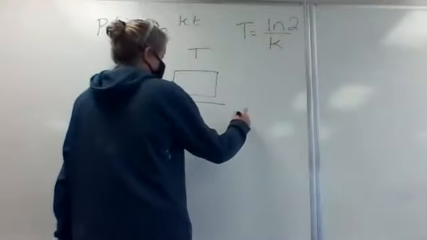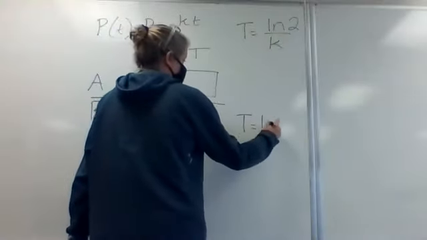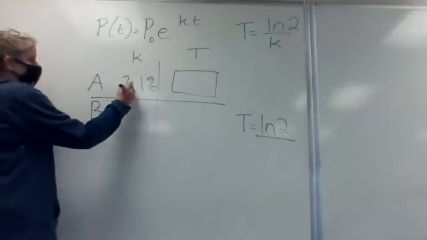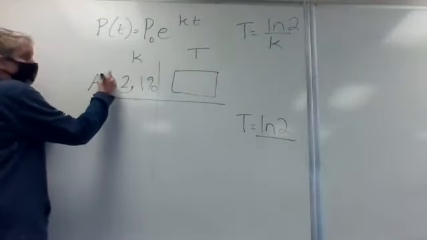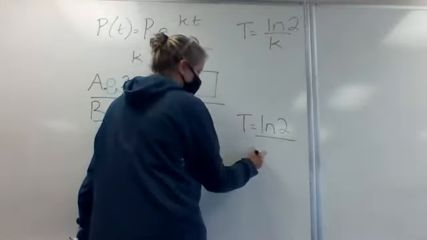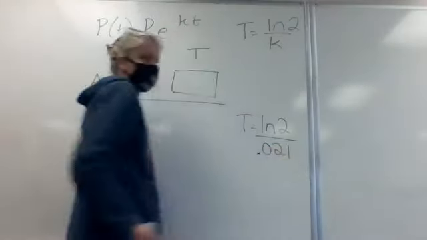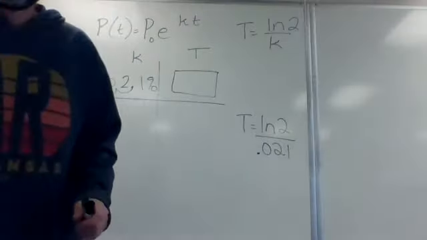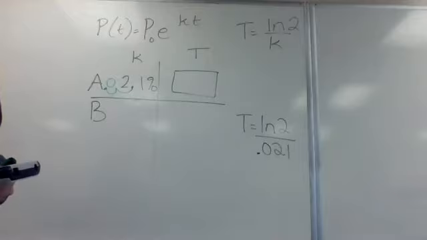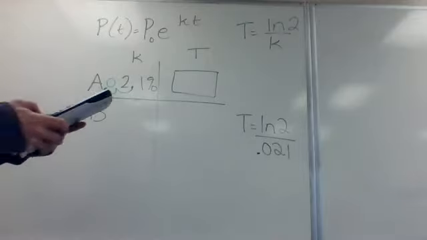So this one I would just turn into a decimal, 0.021. We're going to round this one to the nearest whole number.